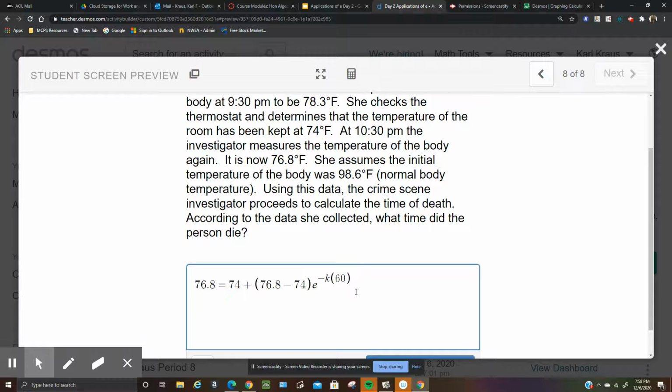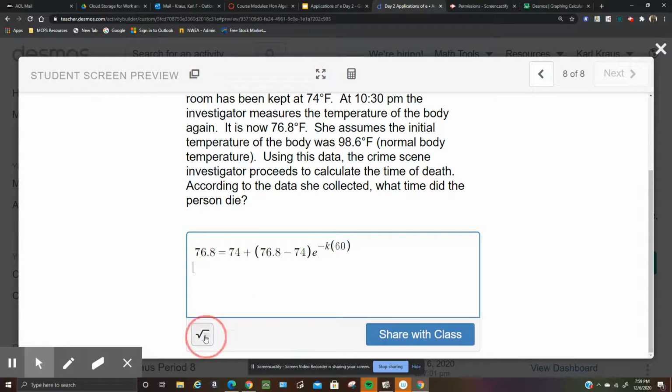Let's see if that works. So this would be 2.8 equals, I mean, that's not right. Yeah, 2.8. Exponent. And divide.